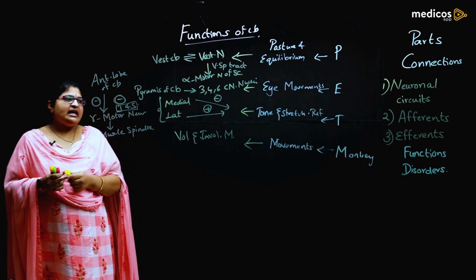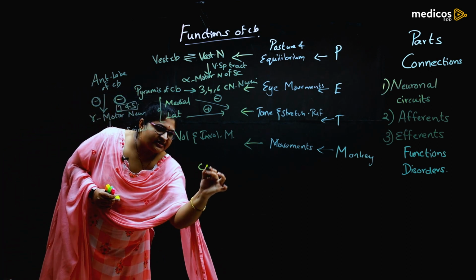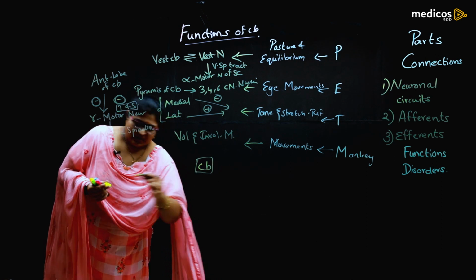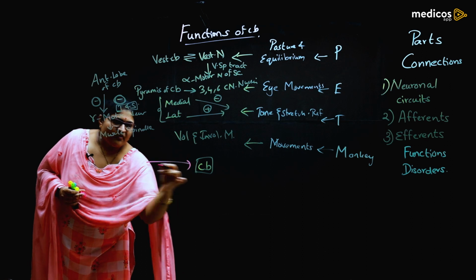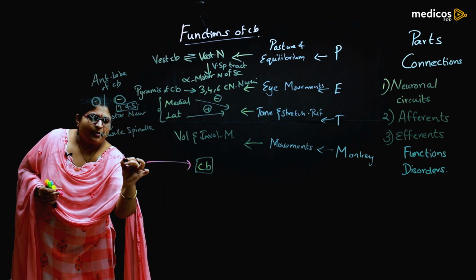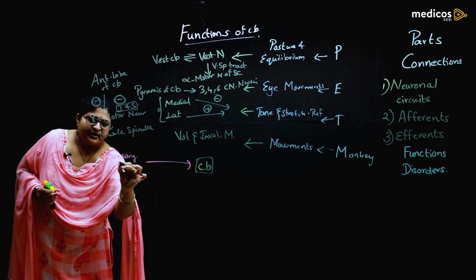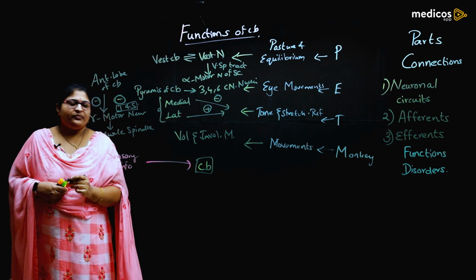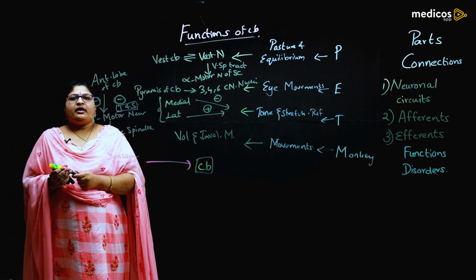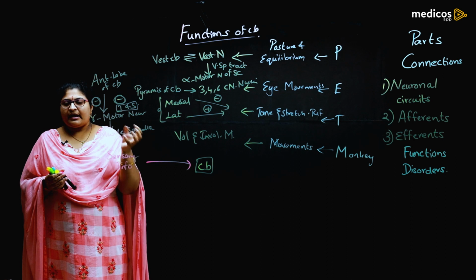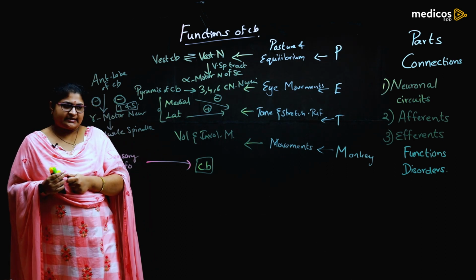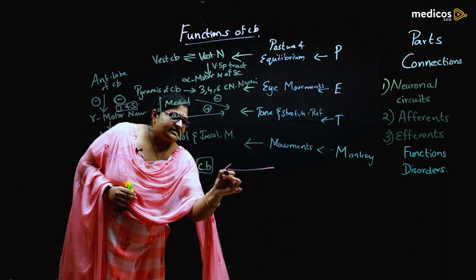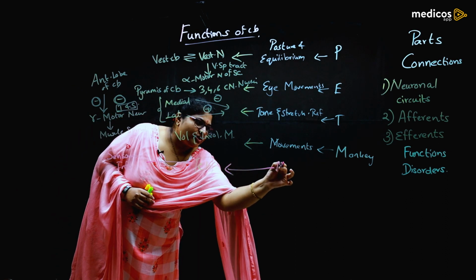It is getting all sorts of sensory information from all over the body. It also has connections with the basal ganglia, red nucleus, and motor cortex areas 4 and 6, and it is receiving motor information too.